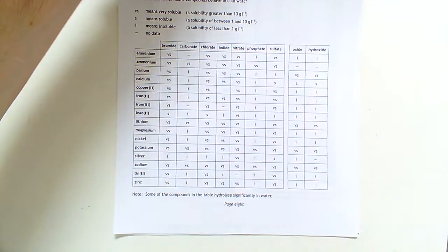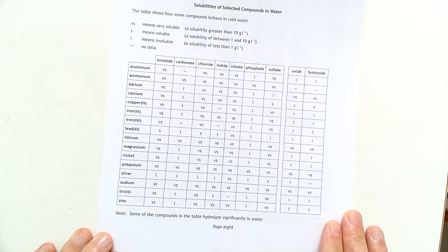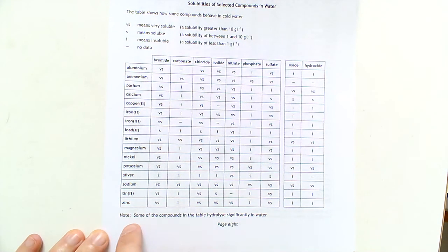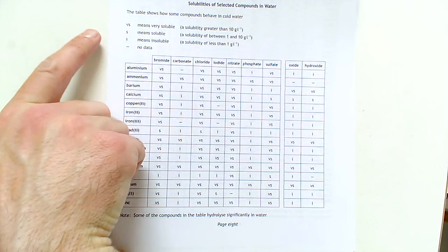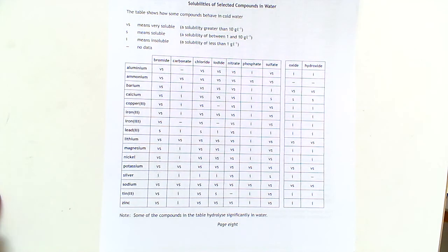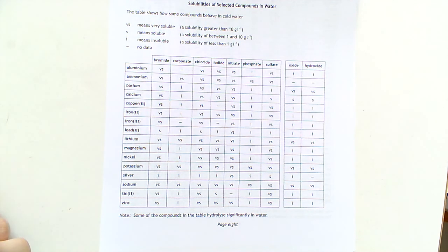And what you're able to see, if you're looking at this along with me, is that we've got a key up at the top. So VS and S, those ones are soluble. So we're not worried about those. We're not concerned about those at all. The only ones we are worried about are the ones where it says that it is insoluble, and that's a letter I.